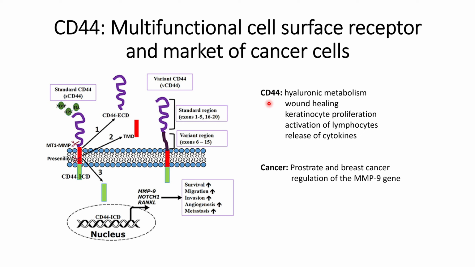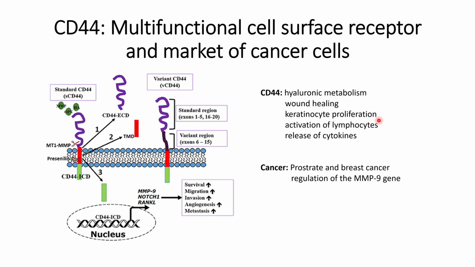Another place at which CD44 works is wound healing and the activation of lymphocytes. They work together, as it will activate the lymphocytes and that helps in directing them towards the wound area, and that ultimately helps in the wound healing process. Next one is keratinocyte proliferation. So what does it mean? It means that it helps the cells to grow themselves.